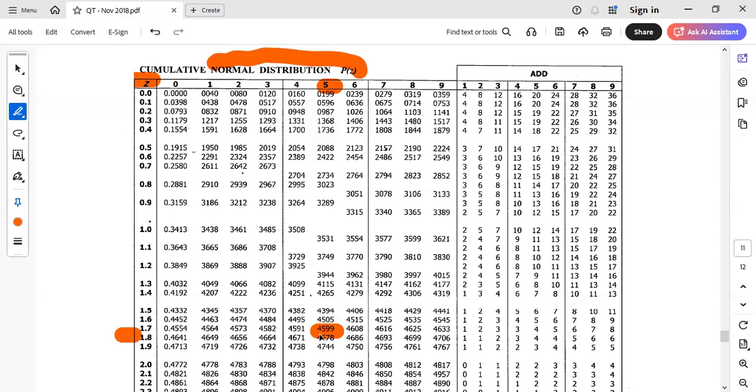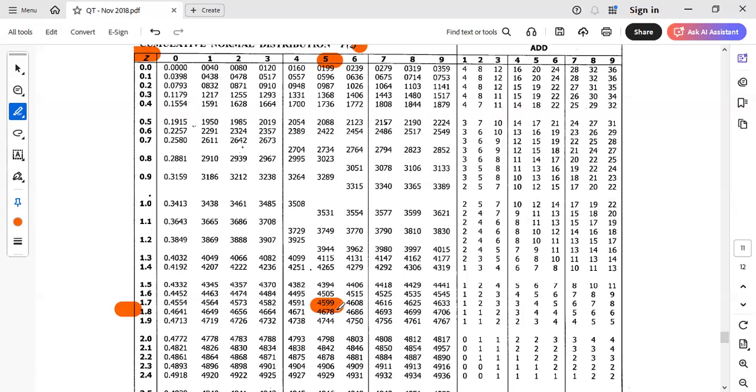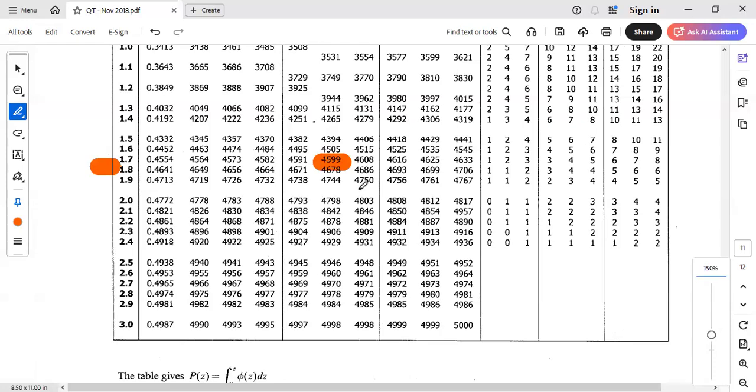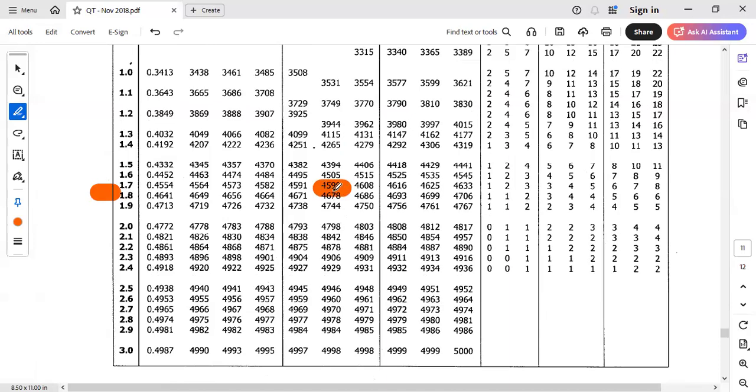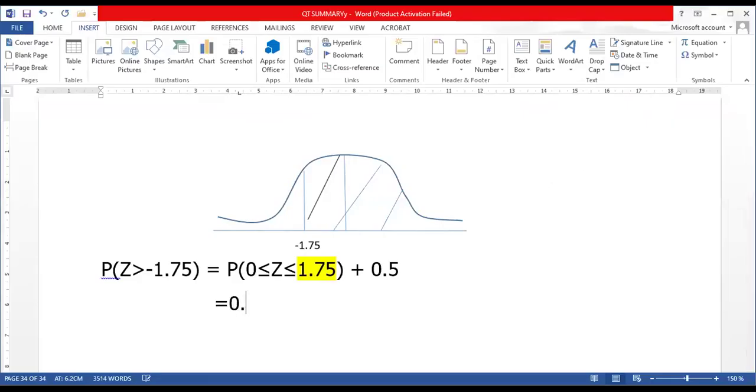Are you seeing that probability? It is 0.4599. Let me hope the screen is visible enough. So the probability here is 0.4599, then plus 0.5.